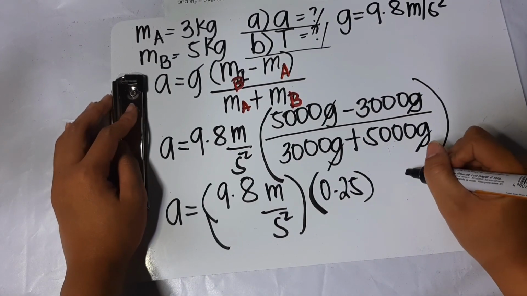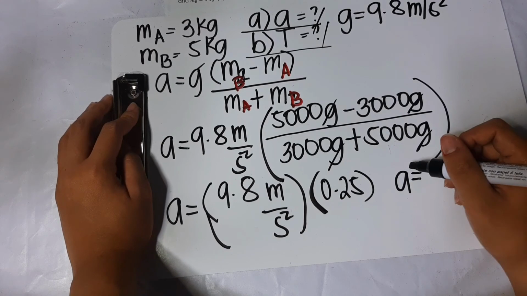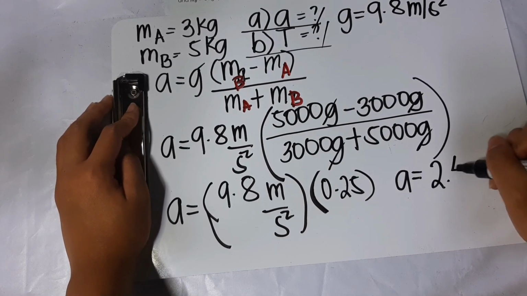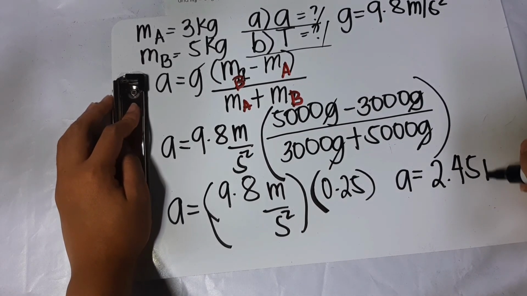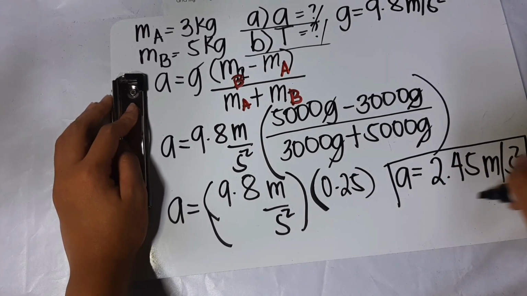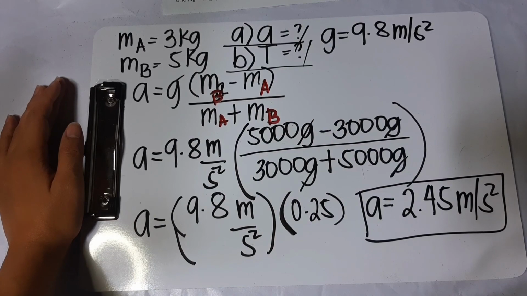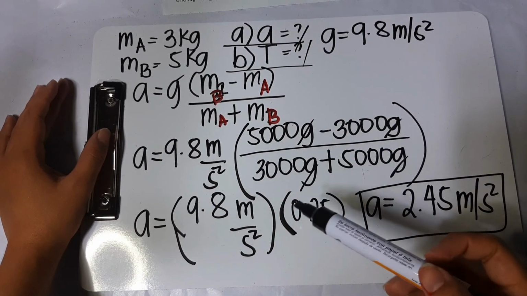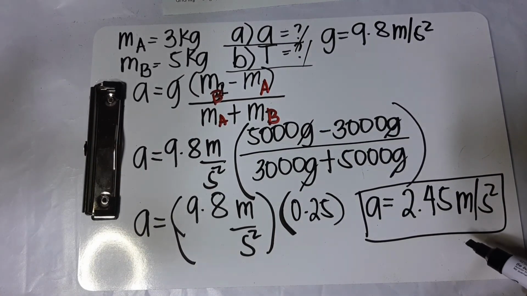So the value of our acceleration is 2.45 meters per second squared. So the acceleration of our two masses is 2.45 meters per second squared.